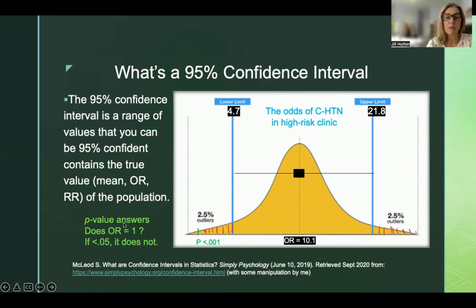The p-value answers, does the odds ratio equal 1? If it is less than 0.05, it does not. And 1 would be over here if this is 4 and 10 and 21. And you can see it's very much outside of where our confidence interval is.